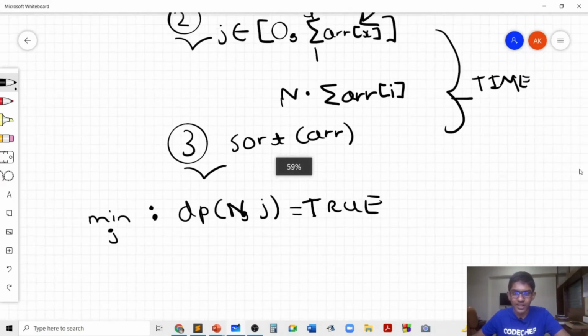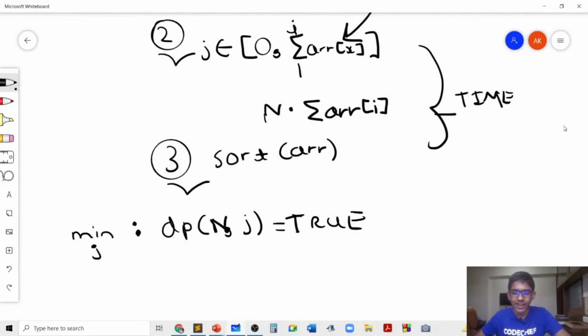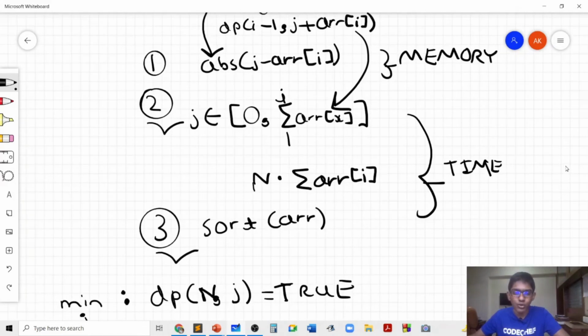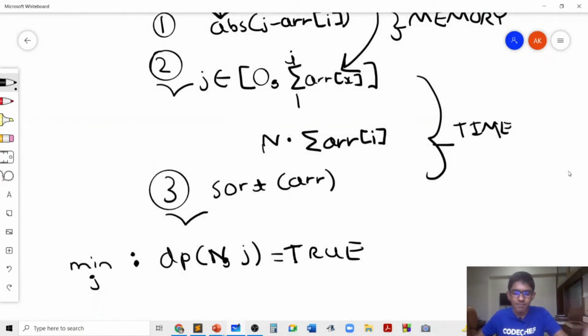So to summarize, we have figured out that the final answer for one of the two components is given by dp[n][j], and we'll consider the x component and the y component, and we'll add up those two costs. So that's the final answer.